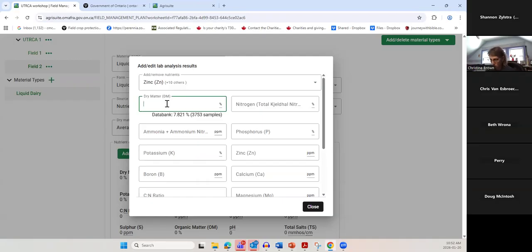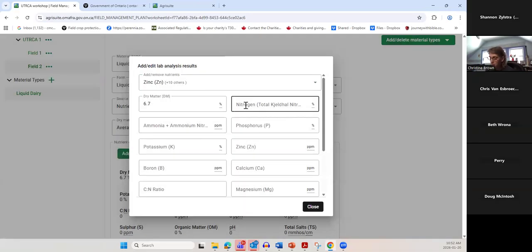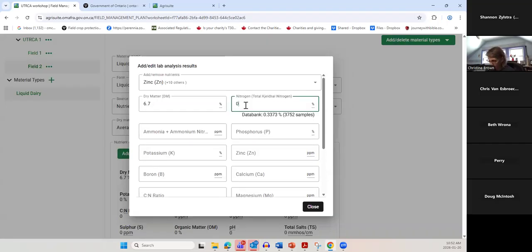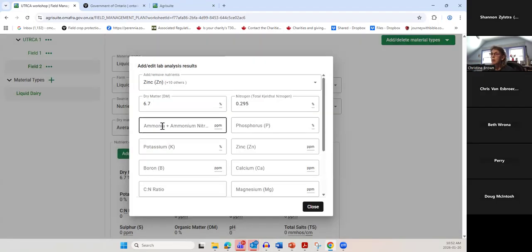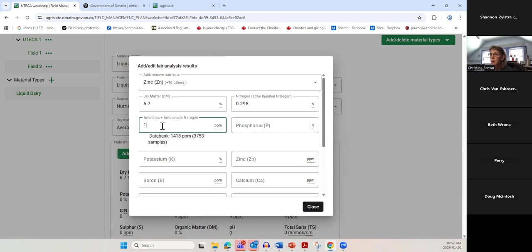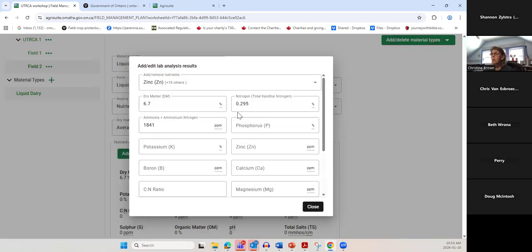So for the liquid dairy, the manure analysis that I have, this is an actual manure analysis, 6.7% dry matter. Total nitrogen is, so if I have my total nitrogen and my ammonium nitrogen, which in this case is, so I can find out what my organic nitrogen is from having these two.